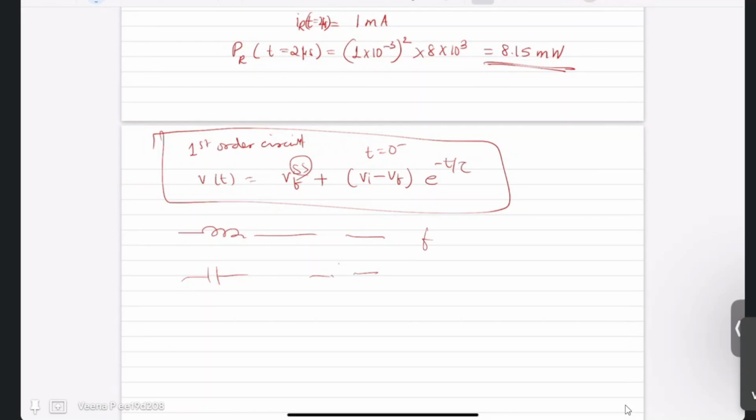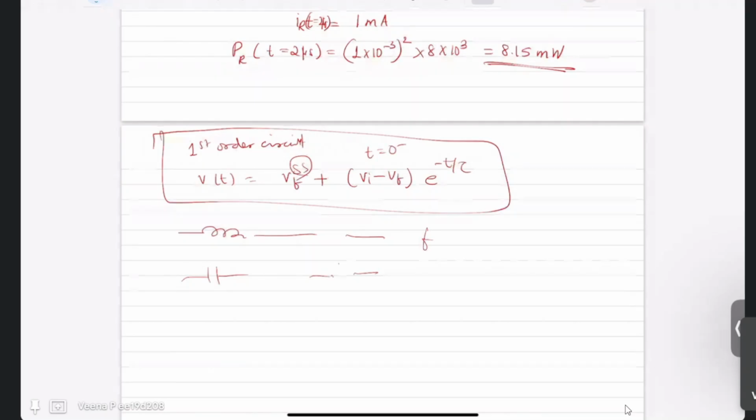Okay, ma'am. If any circuit consists of two capacitors or two inductors either in series or parallel, how to solve, ma'am? Because in the assignments it will be like that. Any circuit you can solve by using mesh analysis, which is Kirchhoff's voltage law.